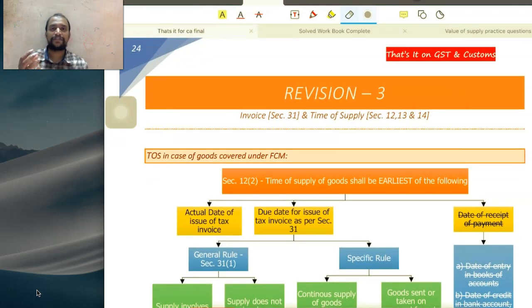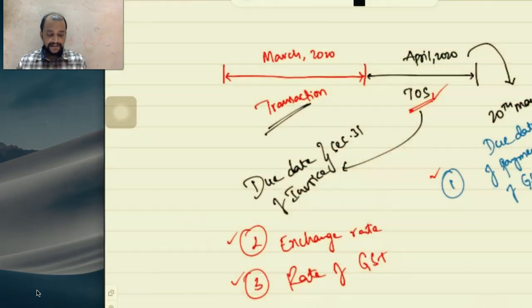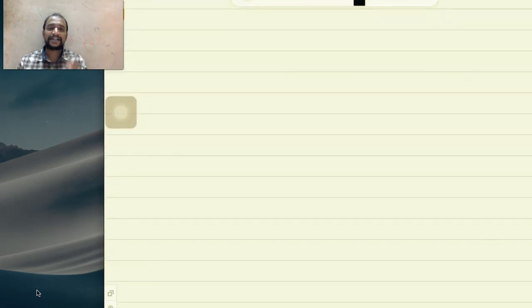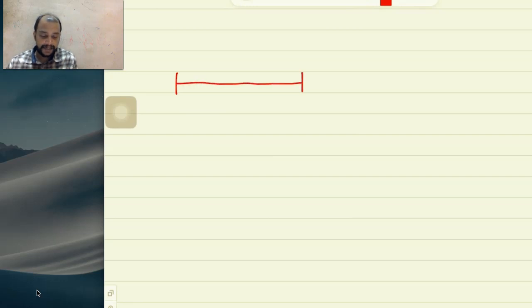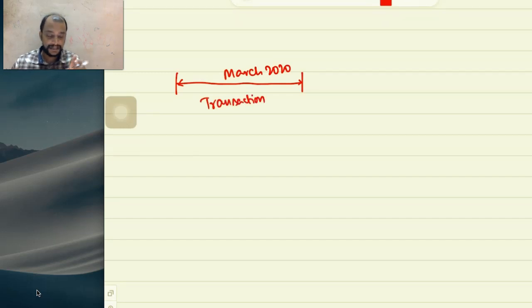What is this concept of time of supply? Listen, whenever a transaction takes place, say in the month of March 2020, this is the transaction date. The transaction falls in a particular month.